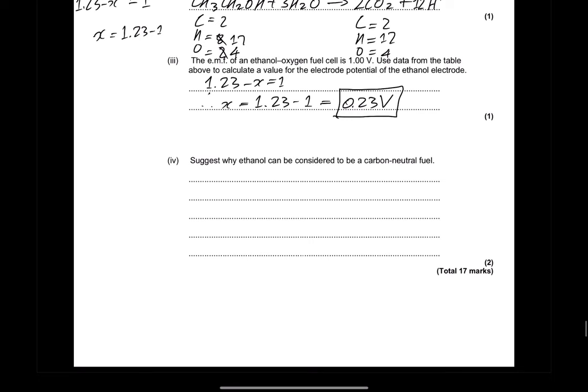It's why ethanol can be considered to be a carbon neutral fuel, because ethanol is produced from fermentation, from plants.